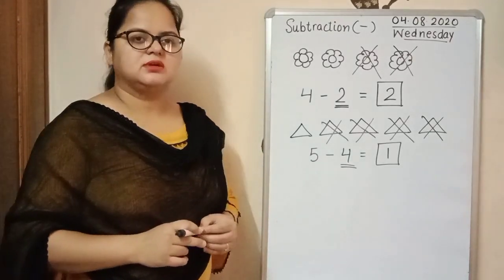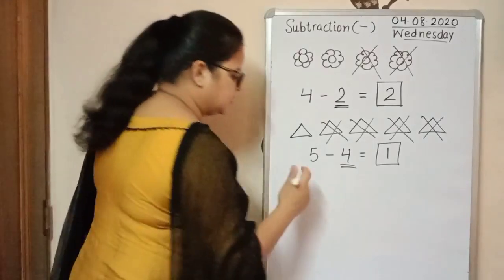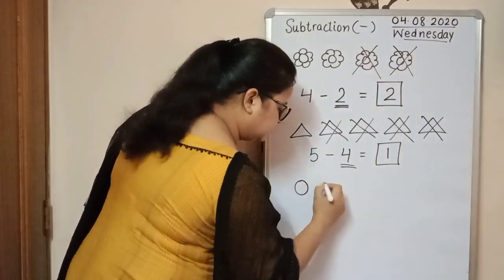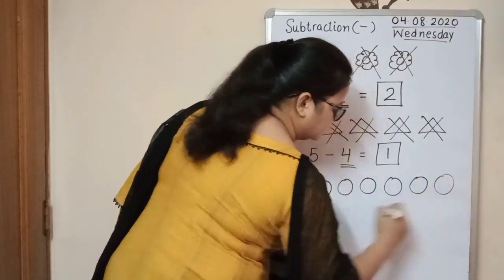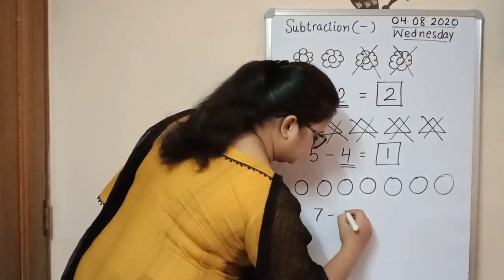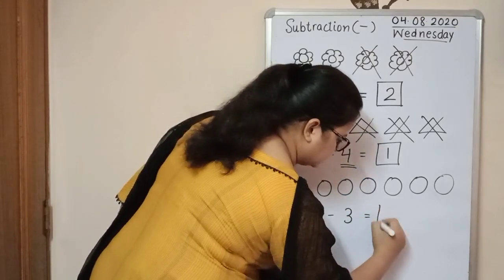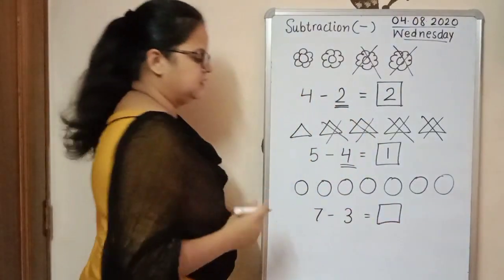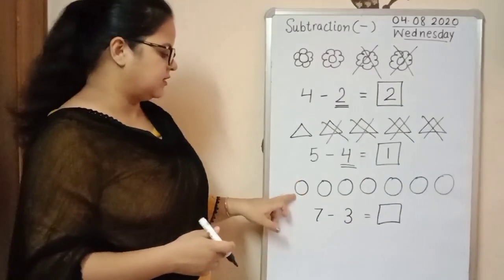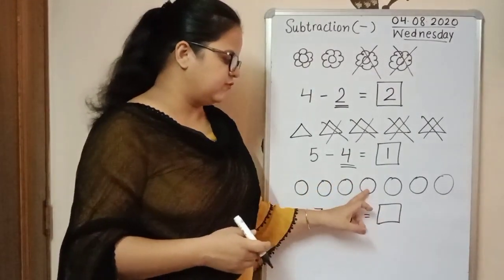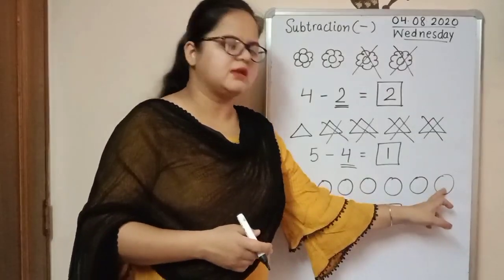Okay, the next I will make some circles here. This is our next sum. First of all, we will count the circles. 1, 2, 3, 4, 5, 6, 7.